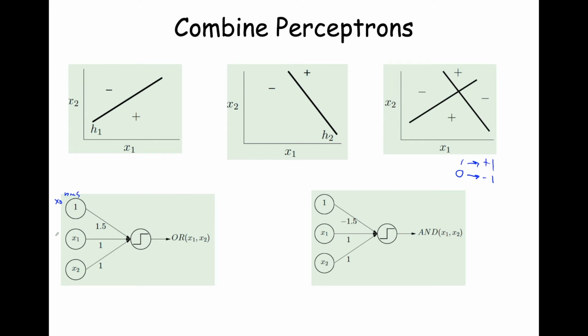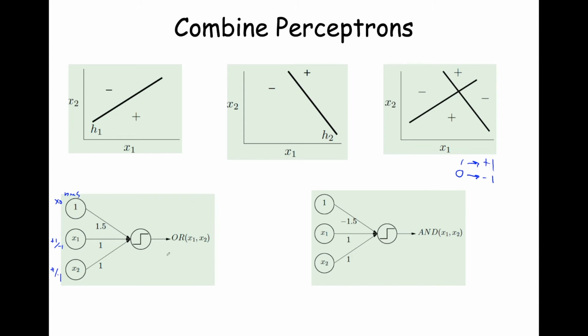And so here, we're going to look at when x1 is plus 1, x1 is minus 1, x2 is plus 1, x2 is minus 1. Now, going with a logic gate, interpreting plus 1 as a Boolean 1 and a minus 1 as a Boolean 0 or binary 0, let's look at what this OR function is.